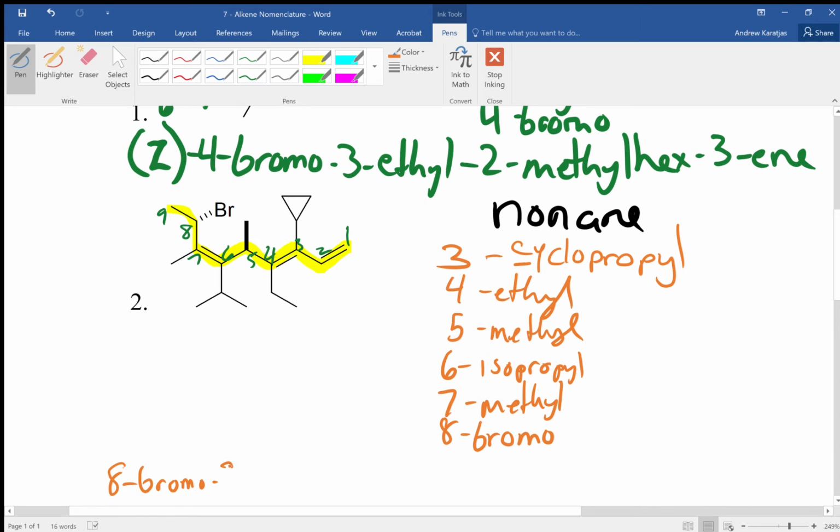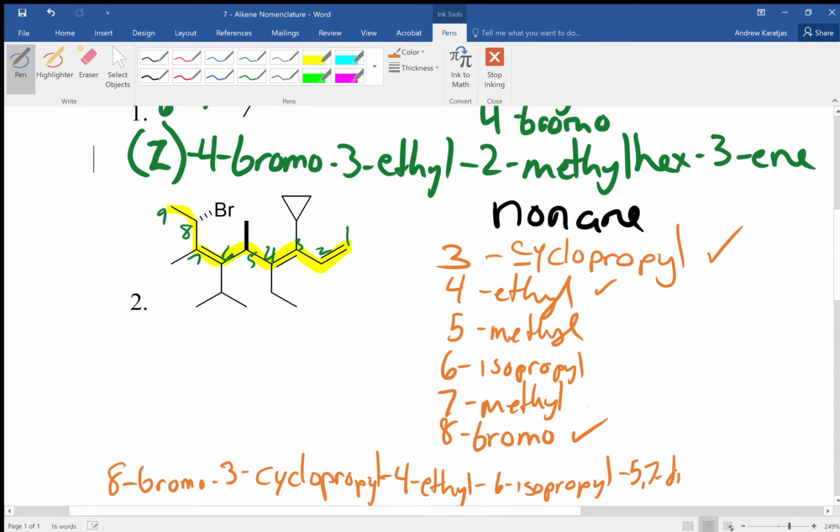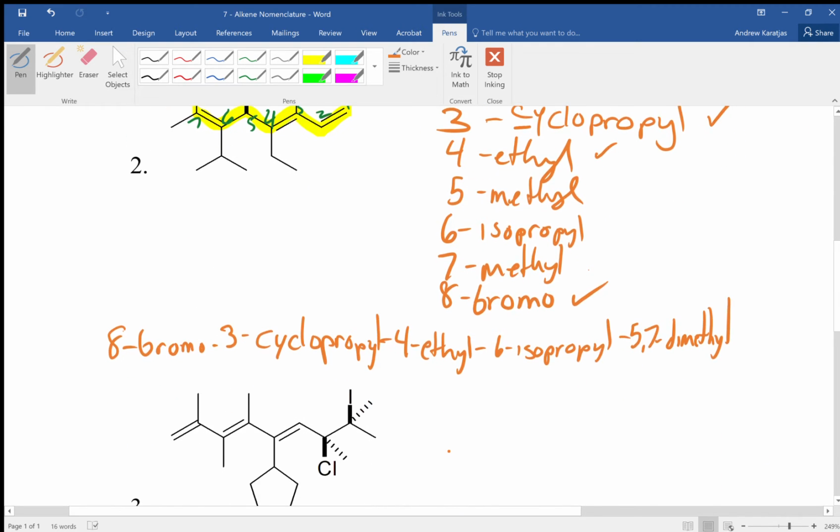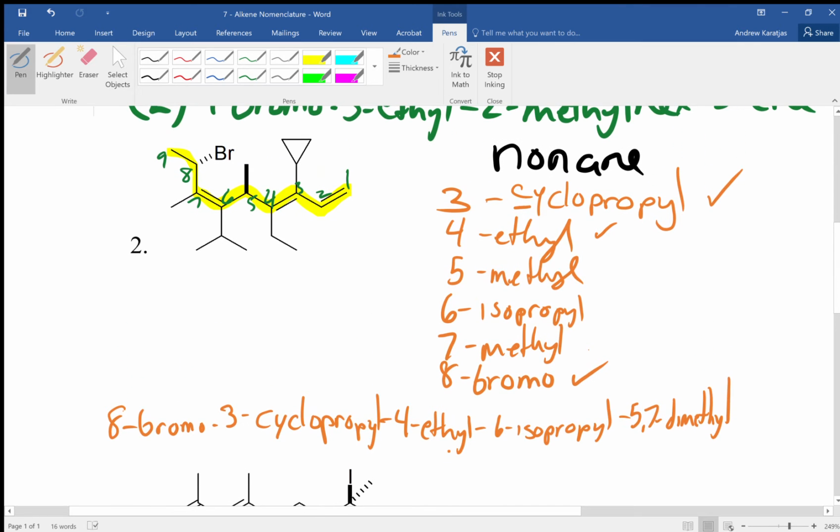So that gets alphabetized under C. So cyclopropyl, bromo, then we've got ethyl, then isopropyl, and then our 2 methyls, 5,7-dimethyl, and we've run out of room on this line, but we've got 3 alkenes in this molecule.